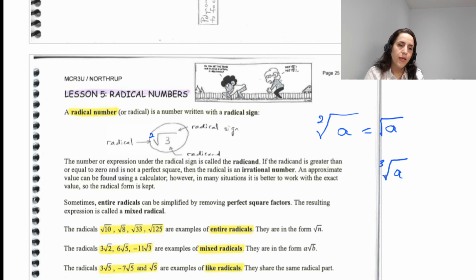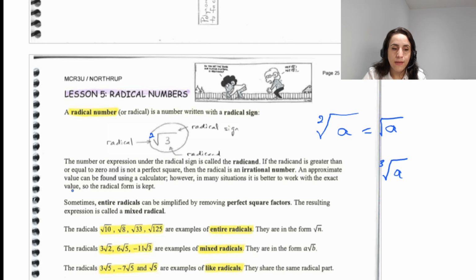Then the number or expression under the radical sign is called the radicand. If the radicand is greater than or equal to 0 and is not a perfect square, then the radical is an irrational number.